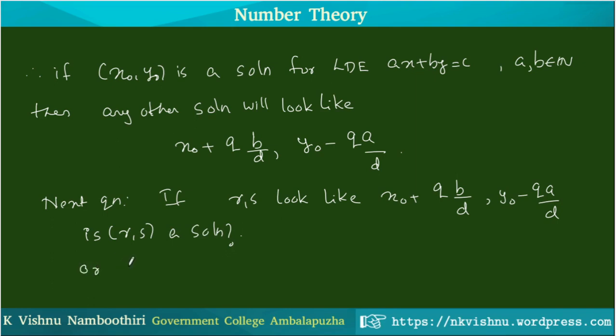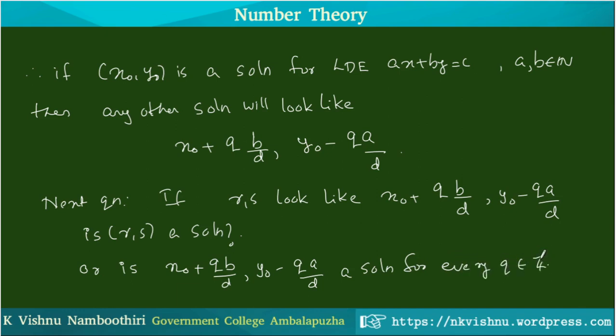Or is x0 plus q b by d and y0 minus q a by d a solution for every q? If this is a solution for every q, that means that there are infinitely many solutions.